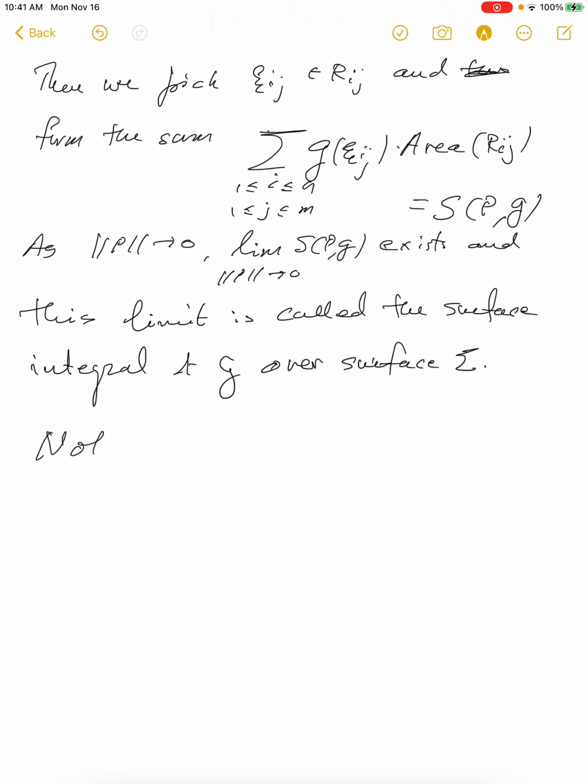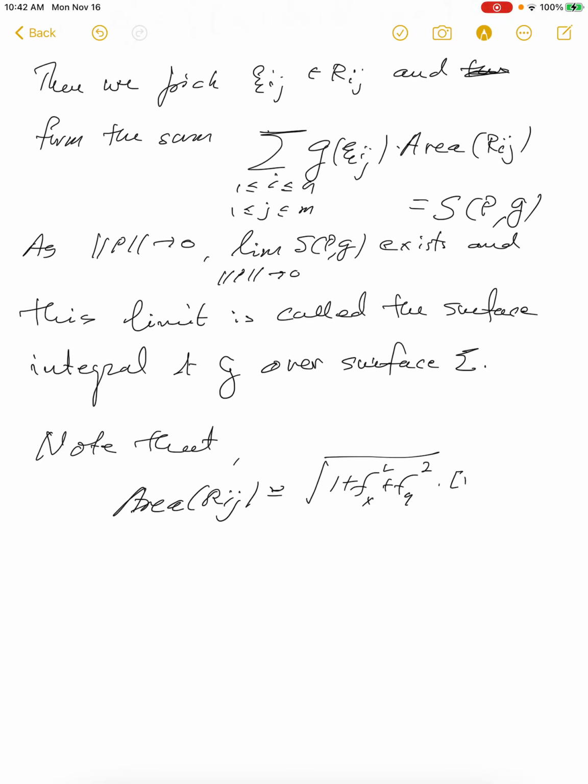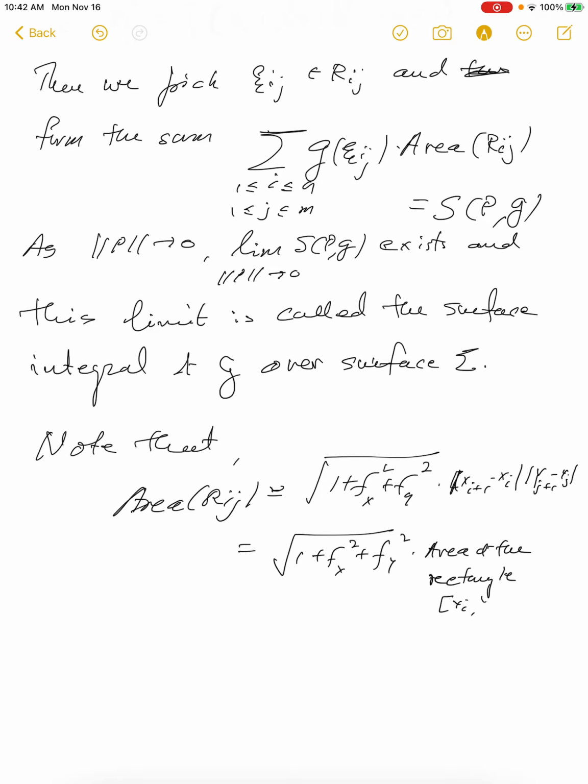Note that, and this is where I ask you to go back and look at how the formula for the area of a surface was derived, the area of R_ij we verified was very close to the square root of 1 plus f_x squared plus f_y squared times the area of the rectangle, which is the magnitude of x_{i+1} minus x_i times y_{j+1} minus y_j.